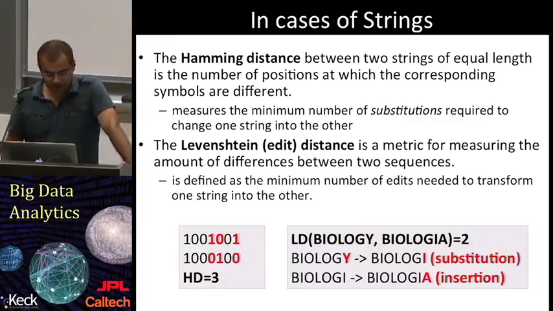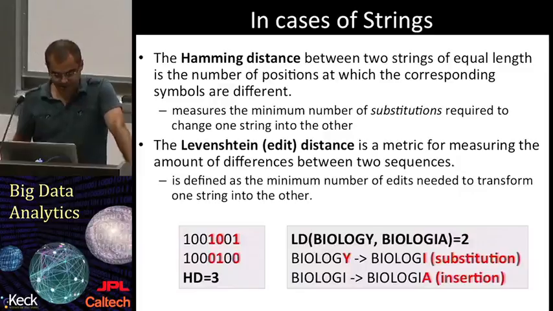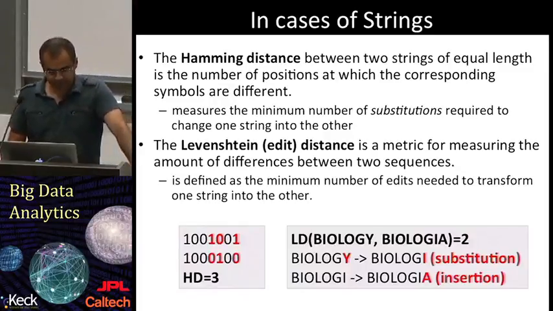That's because we can transform biology into biologia using just 2 operations. First, we need a substitution. We need to substitute y with i, and then we need to add a at the end. So we can basically say that the edit distance measures the amount of differences between 2 sequences.